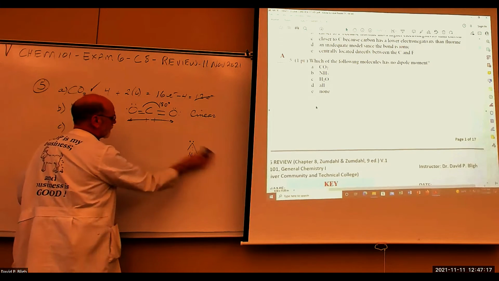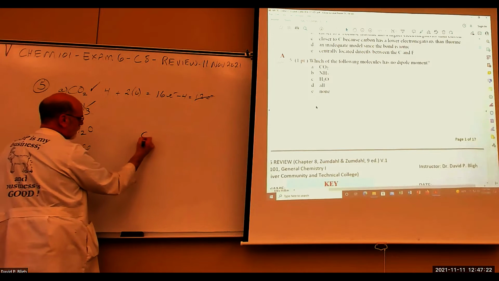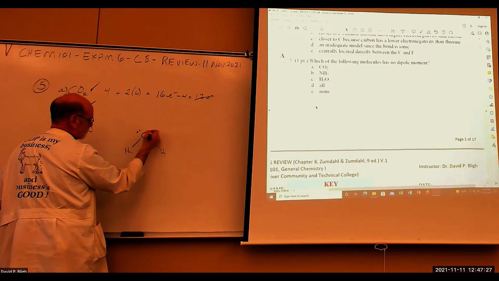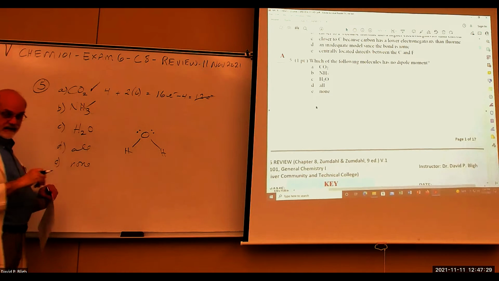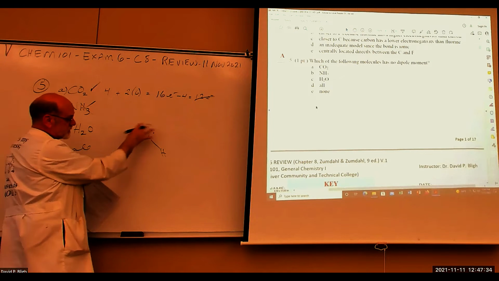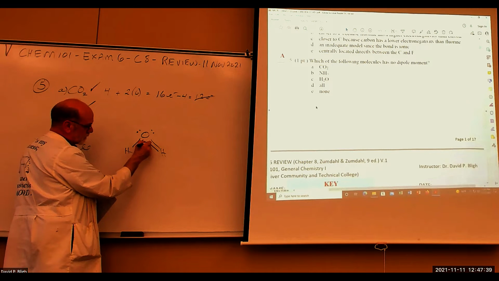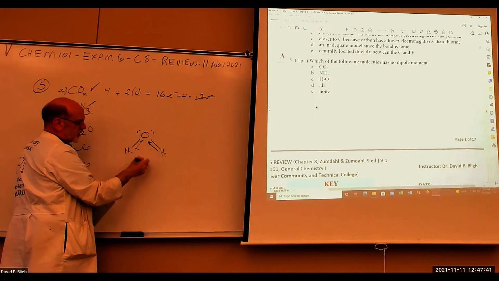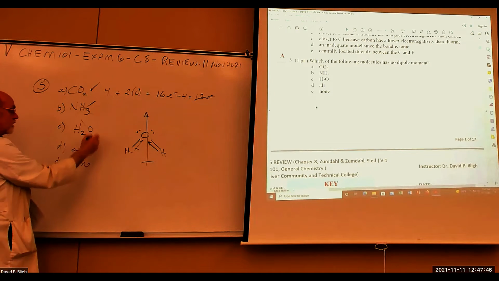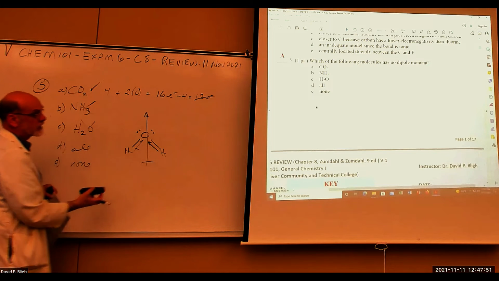We've done water before. Water looks like this. Okay. Electronic structure is tetrahedron. Cover these up, now it's a bent molecule with dipoles this way, plus these extra lone pairs. So it has a dipole in that direction. So water is out. The answer to this one's A. That's the only one that has no dipole moment.